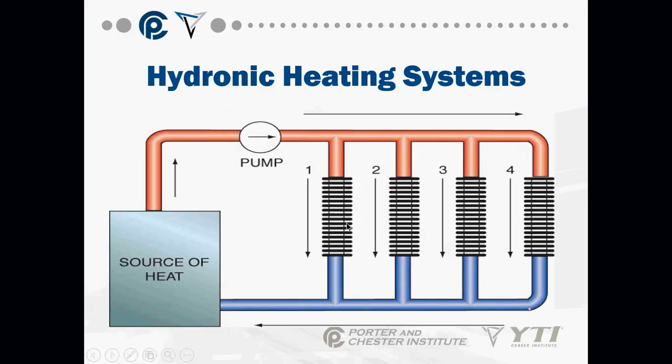The heat emitters release the heat into the space, and as they do, the water temperature drops and it makes its way back to the boiler, where that circulation loop continues until the boiler or the room is satisfied.